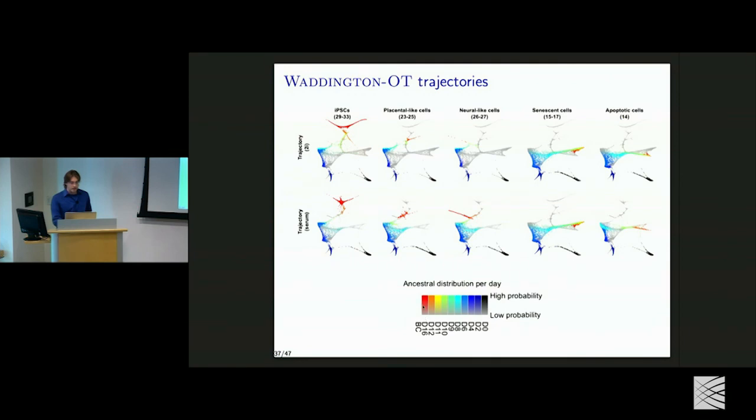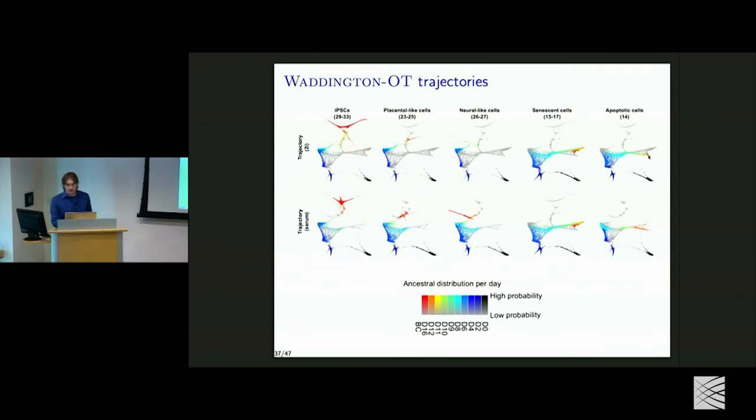Red cells are at day 16. This trajectory goes along the left border of the picture, through what we call the horn of transformation, whereas the trajectory to apoptotic cells passes through this broad region here and ends up in the valley.